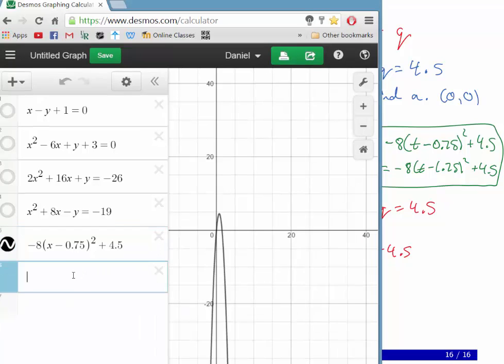Okay, that's one, and the other one. In Desmos, you're going to have to rewrite it in terms of x for it to actually graph it. There's probably a way to get around that, but let's not fight it.